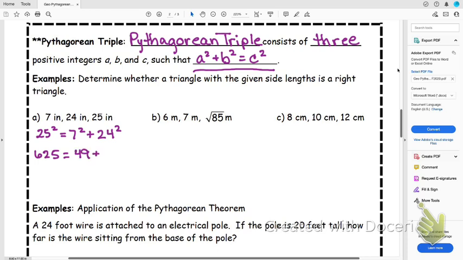What's 24 squared? See why you need to know these? Yes. 576. Okay, so 576. So I get 5, carry a 1, 12, which would be 6. So 625 equal to 625?